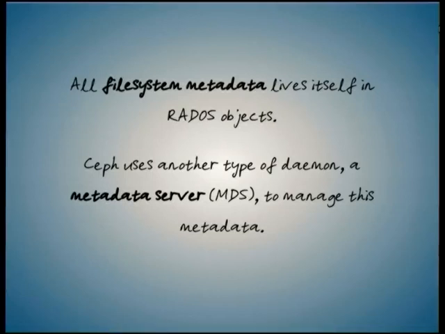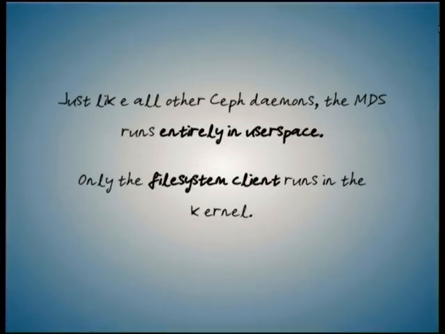Only the file system clients actually talk to this metadata server, and the metadata server also caches this metadata for clients to improve performance. It runs entirely in user space, the MDS that is, and only the file system client runs in the kernel. So we only have two components really in Ceph that run in kernel. One is the kernel RBD device, and one is the kernel Ceph file system.